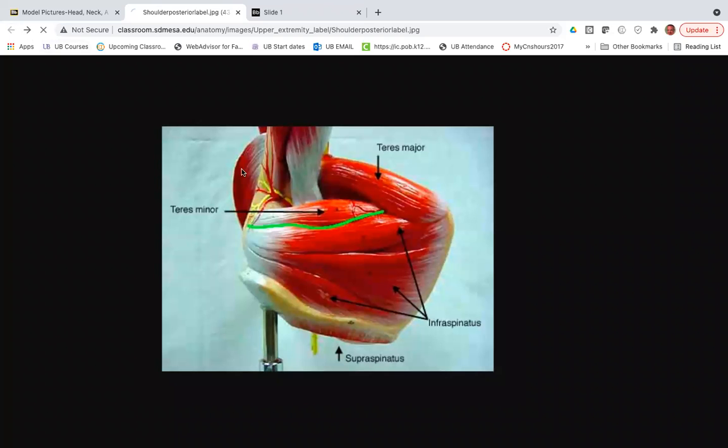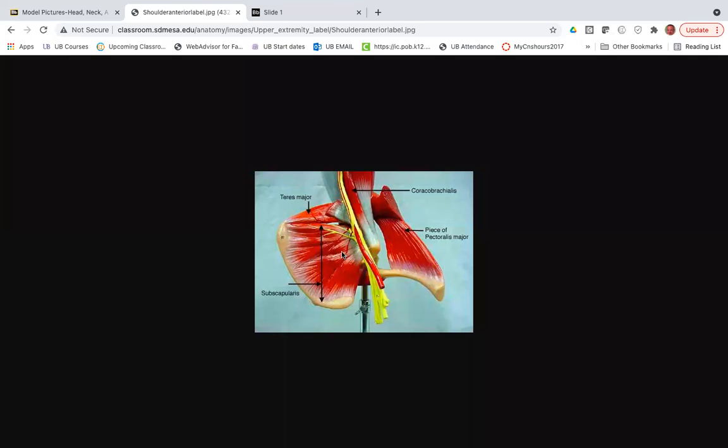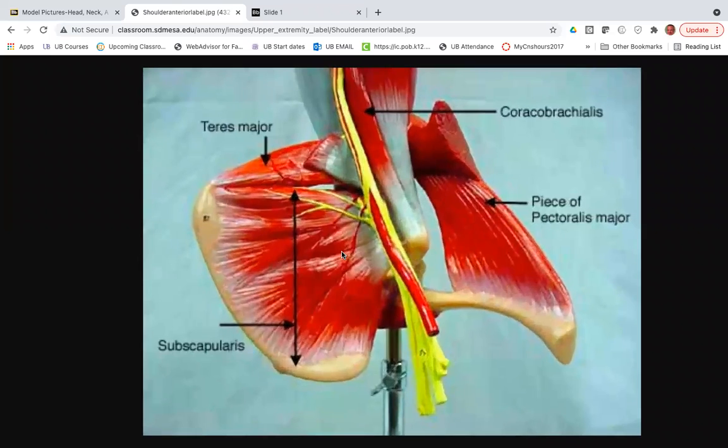Let's go back and look at the same region, but from the anterior. So now, from the anterior, we can see the fourth rotator cuff muscle, which is the subscapularis. Again, this is the vertebral border or medial border.